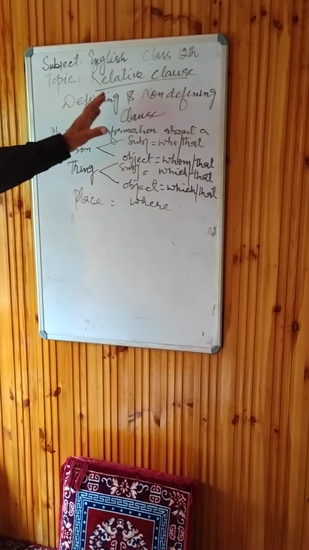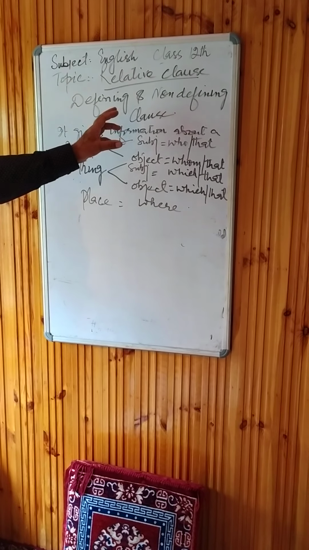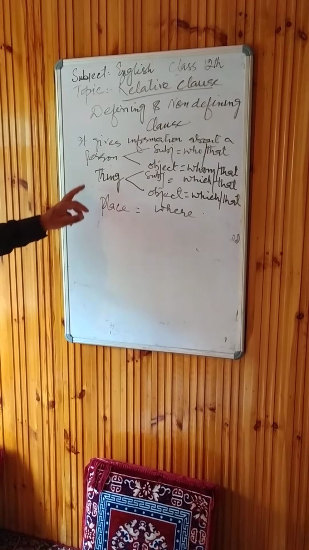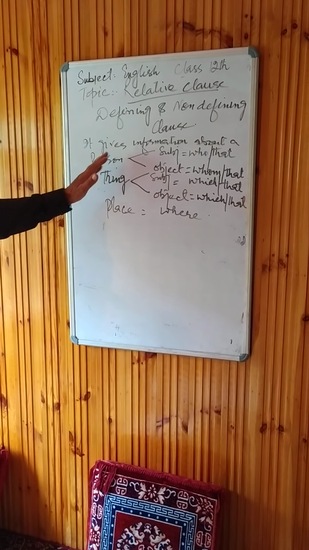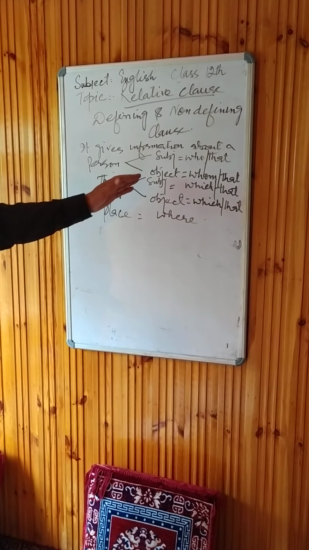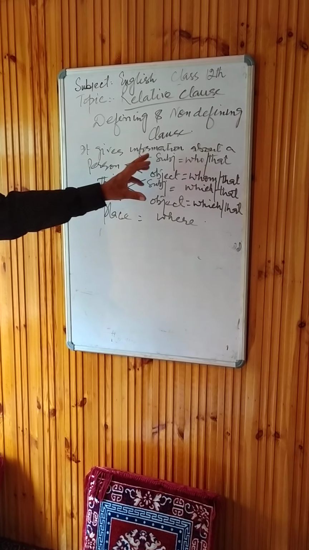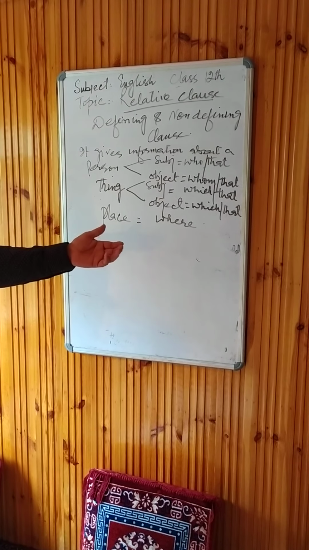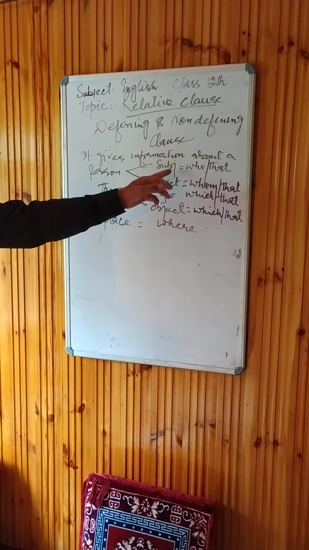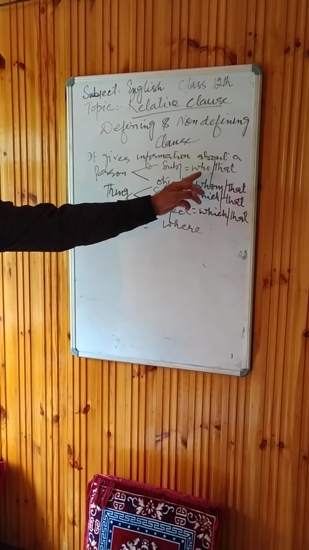Again, a relative clause gives us information about a person, place or a thing. A person could be subject or object, a thing could be subject or object, and for that we have different sets of conjunctions. If a person is a subject, we use who or that.